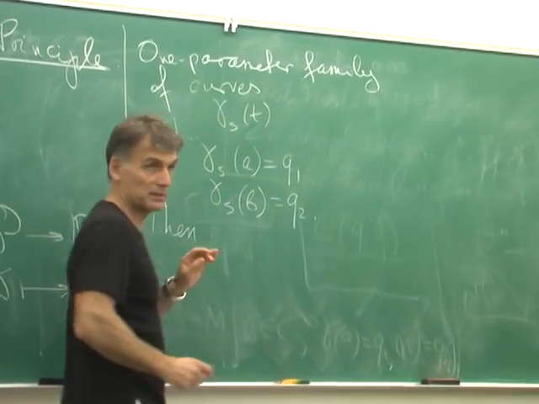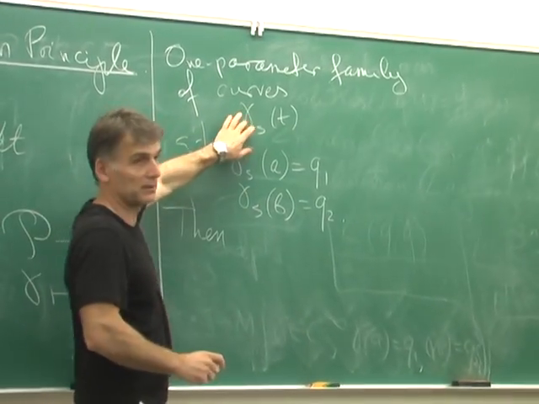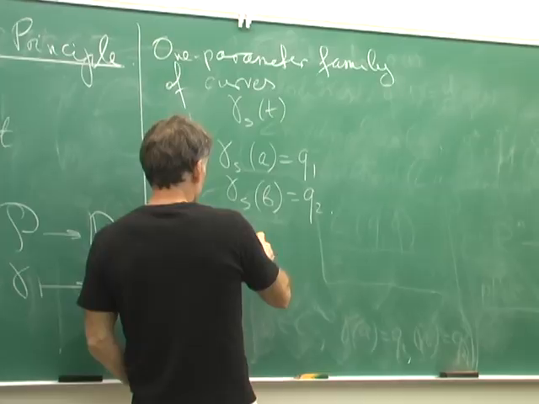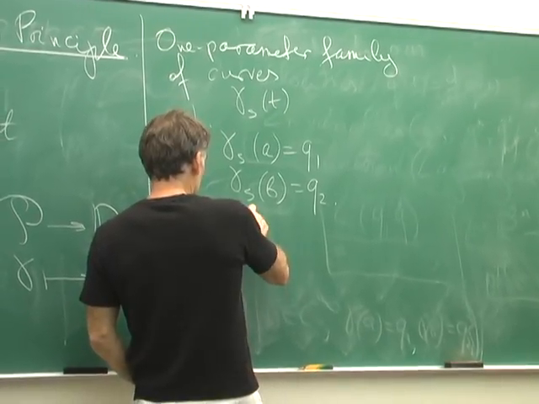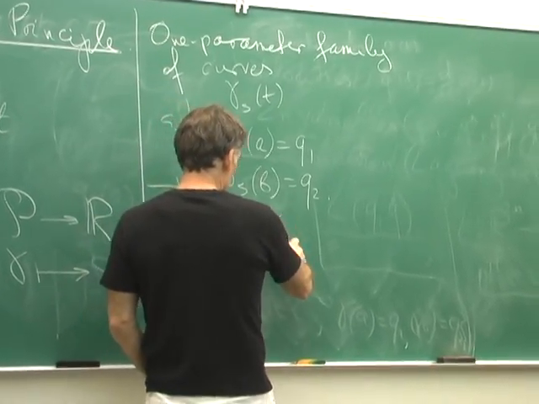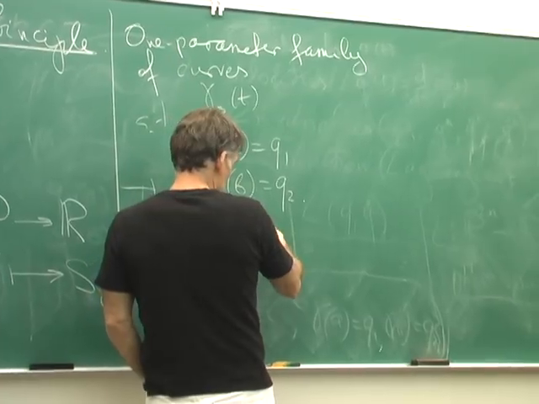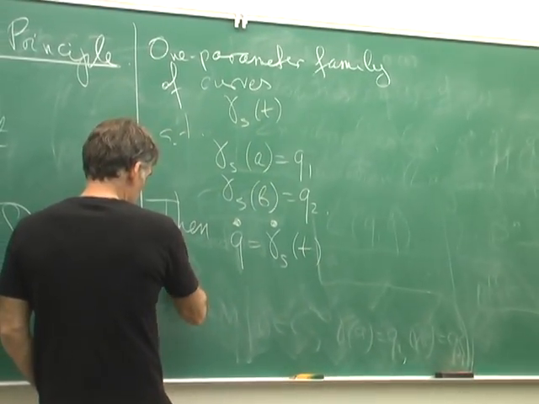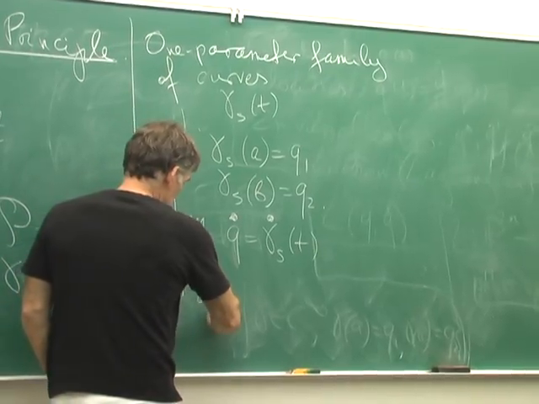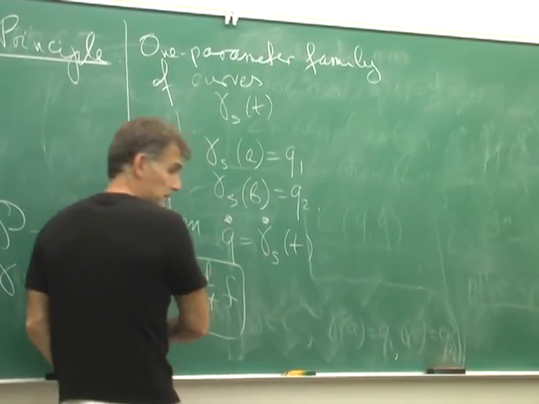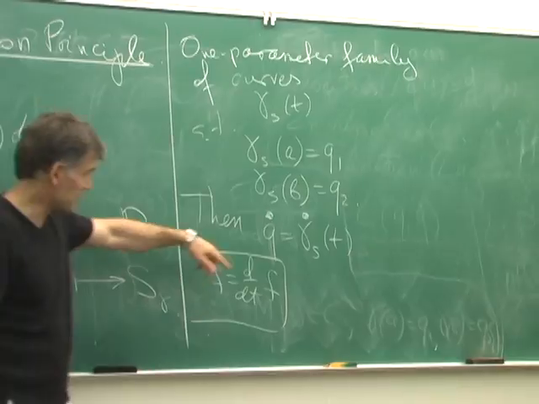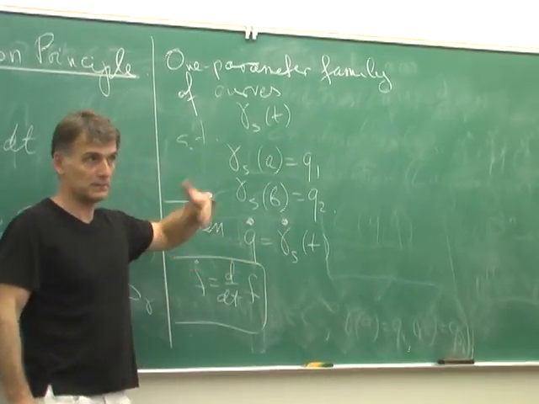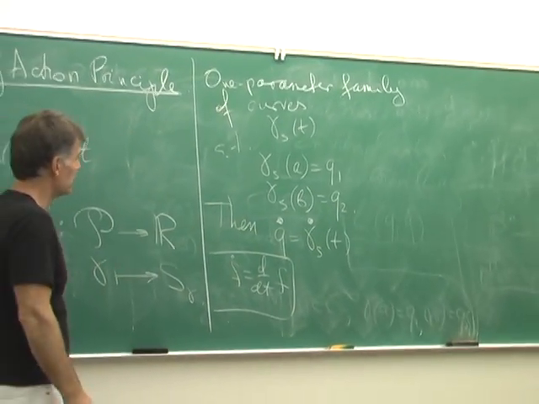Now, because the endpoints are fixed, when you compute the derivative, what is q dot? So it is gamma s dot. It's the time derivative. By the way, dot always means d by dt, just as a notation thing. The derivative with respect to s will be defined differently.